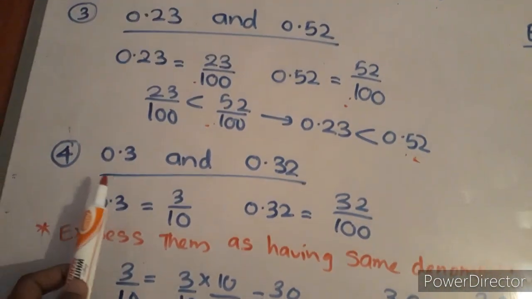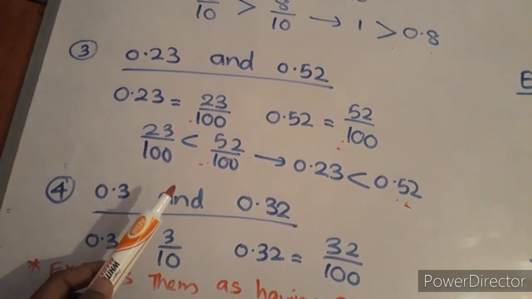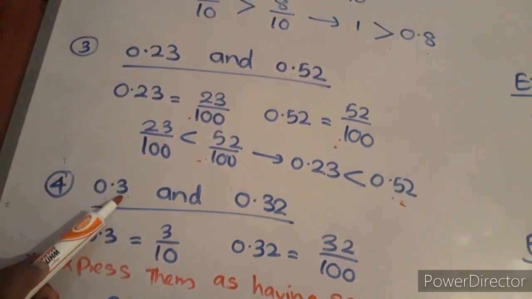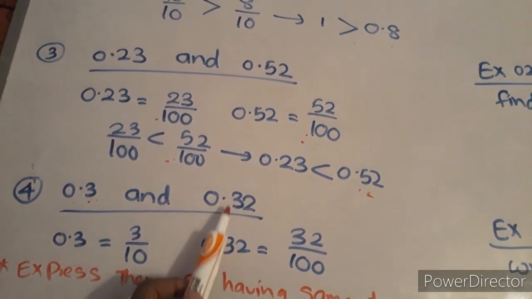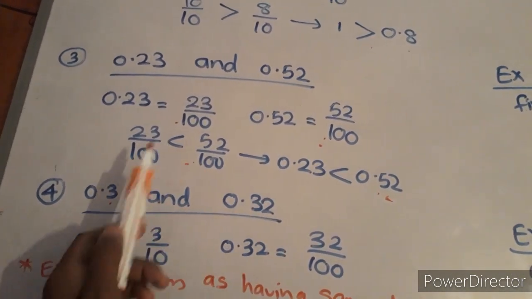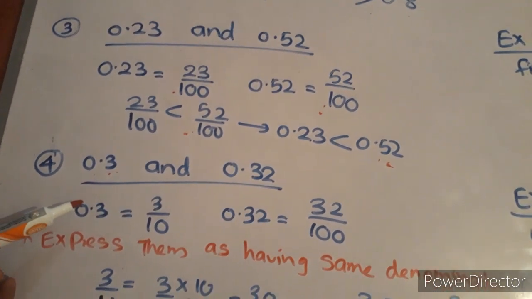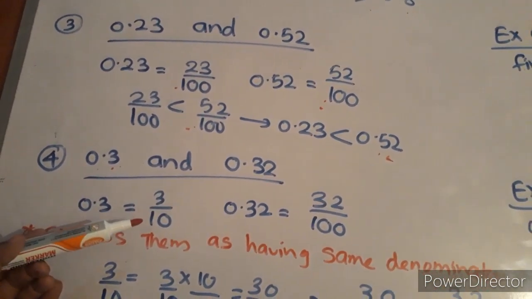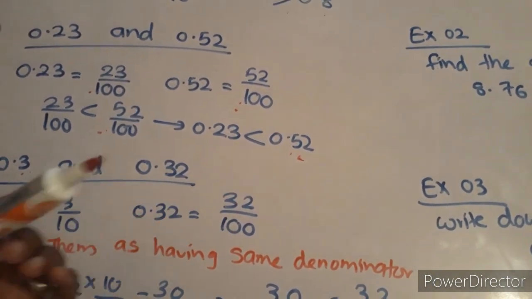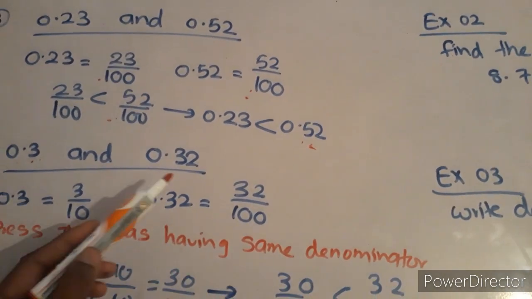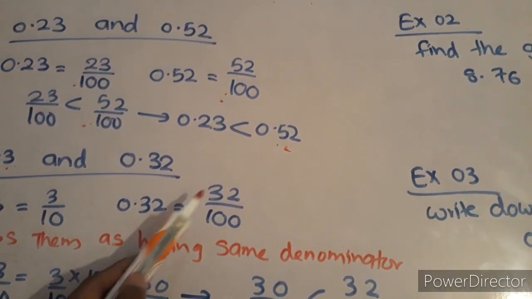Next one, 0.3 and 0.32. Look at this example very well. Here it has 1 decimal place, 1 digit. In 0.32, it has 2 decimal places. So if we convert them into fractions, we get 0.3 is equal to 3 upon 10 and 0.32 is equal to 32 upon 100 because it has 2 decimal places. So its denominator is 10, and here the denominator is 100.